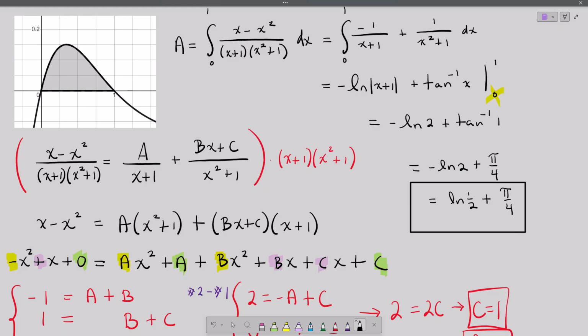All right, any step there that you want to talk about? So these evaluations of arctan, practice those, make sure you have your unit circle down. Anytime you see an inverse trig function, the first word that should come into your mind is angle.